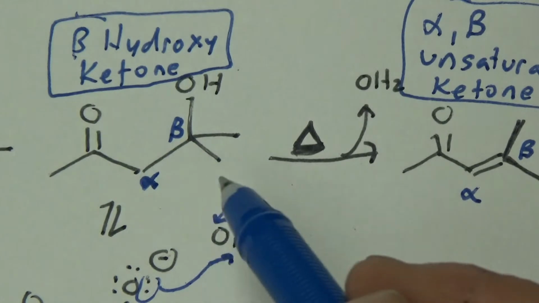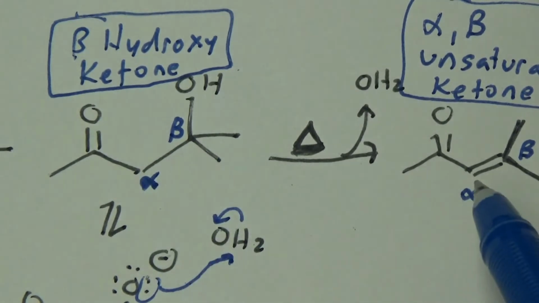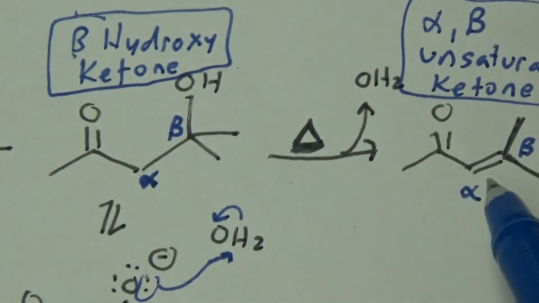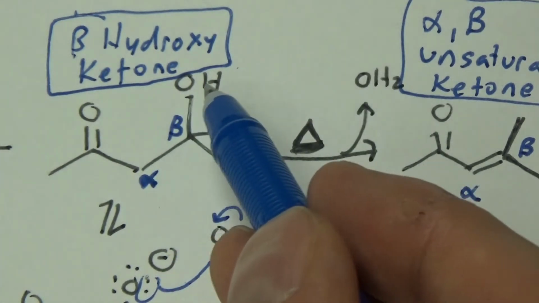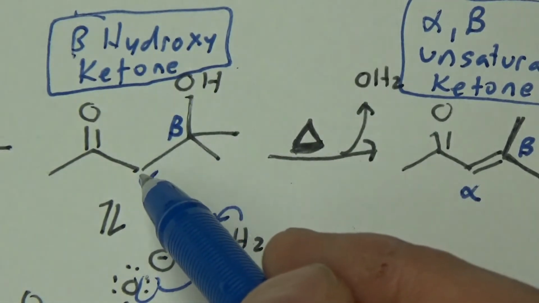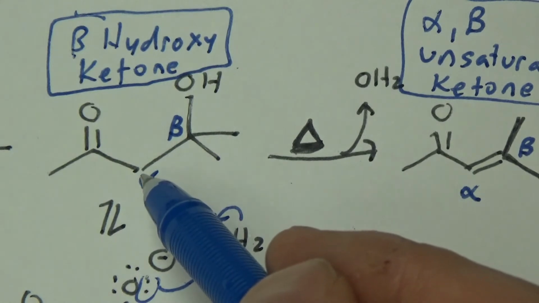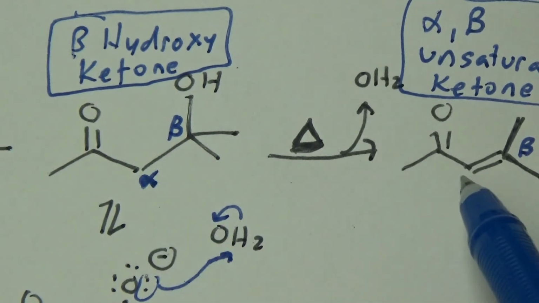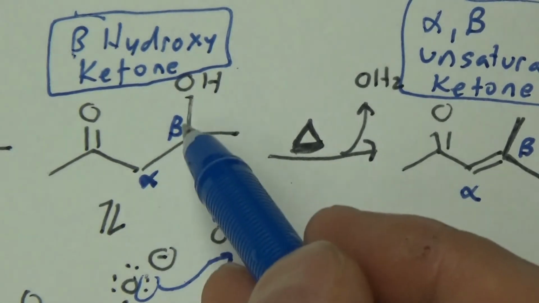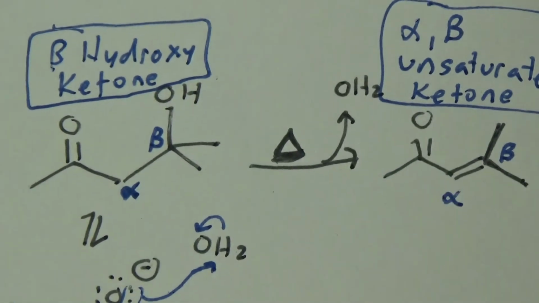And of course, this is a CH2 and that's a CH, right? So the water is coming from OH and then actually this alpha proton. So you're losing an alpha H, it's going from CH2 to CH, and you're losing the beta hydroxy group. That's how water is being formed.